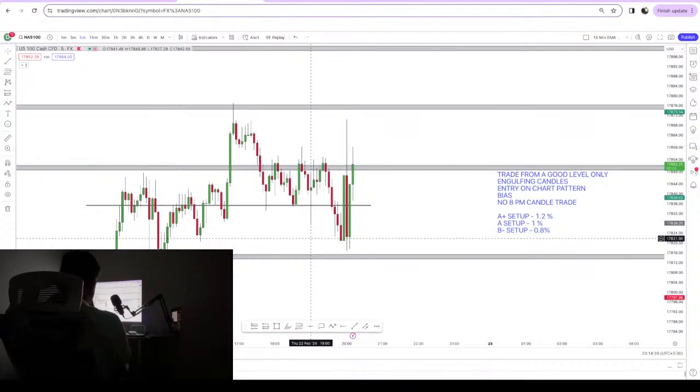Still we don't have any clear direction, no proper pattern formation, no proper market structure. I would like to wait more.